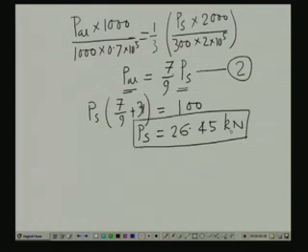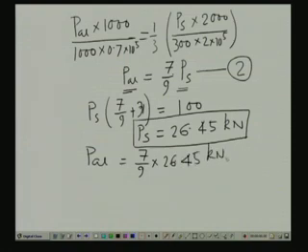And from this, the load in aluminum is equal to 7 by 9 times 26.45, and this comes to 20.63 kilonewton.